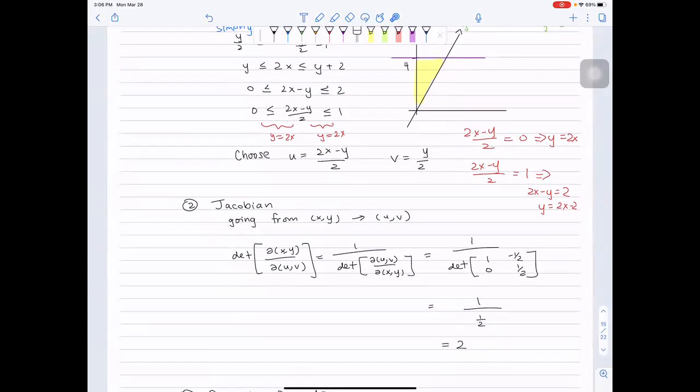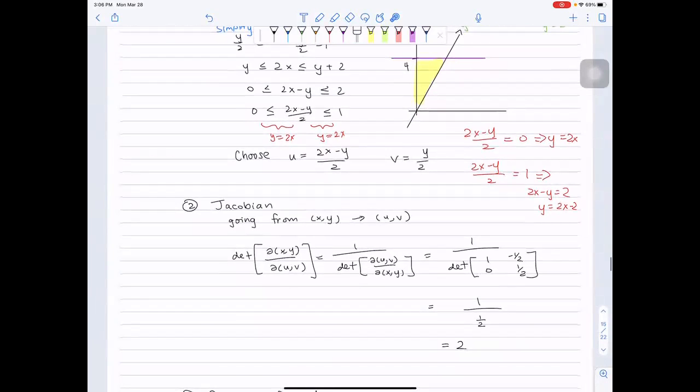Right now we have the double integral of xy dx dy, but we want to write it as an integral of f of uv du dv. So we need to find that Jacobian. Well, the Jacobian we found is 2. I'm going to have a 2.